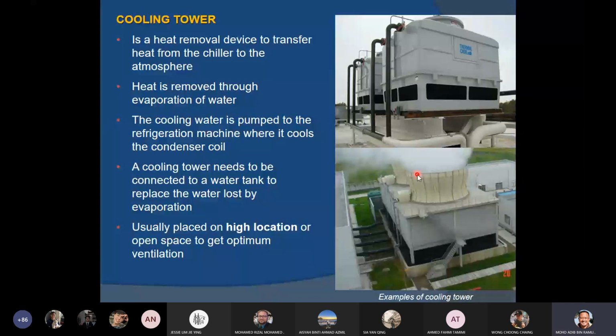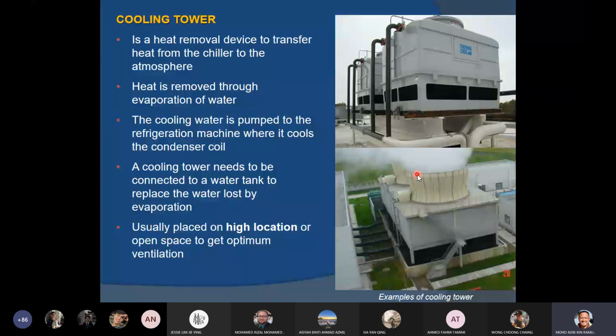That's why, as I showed earlier, the refrigeration plant is located in the basement, but it's not possible to put the cooling tower in the basement because it requires optimum ventilation. So the cooling tower is placed on the rooftop, especially for a high-rise building or a building in urban areas where land is scarce.